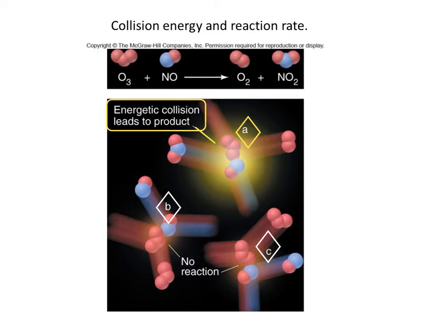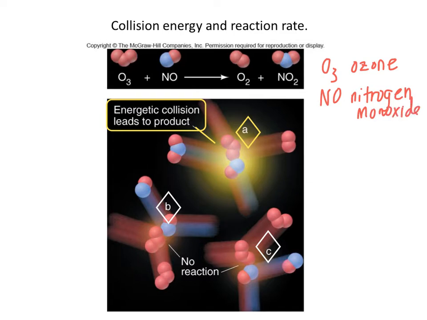Okay, so here's a picture of ozone. So we have O3, which is ozone, and we have NO, which is nitrogen monoxide. And obviously they're both gases. Those two reactants come together.